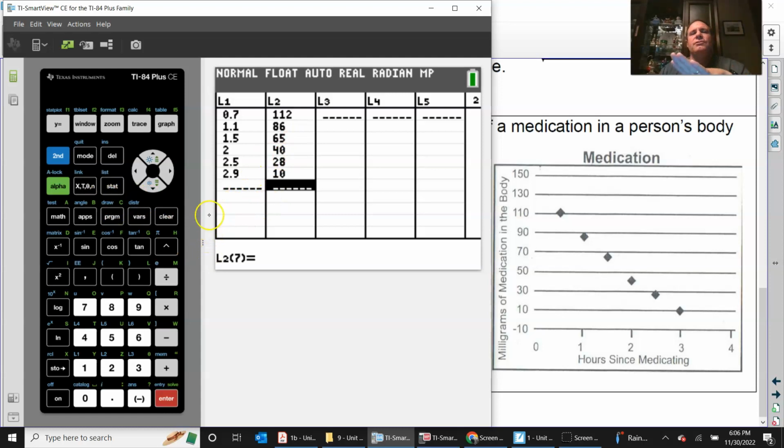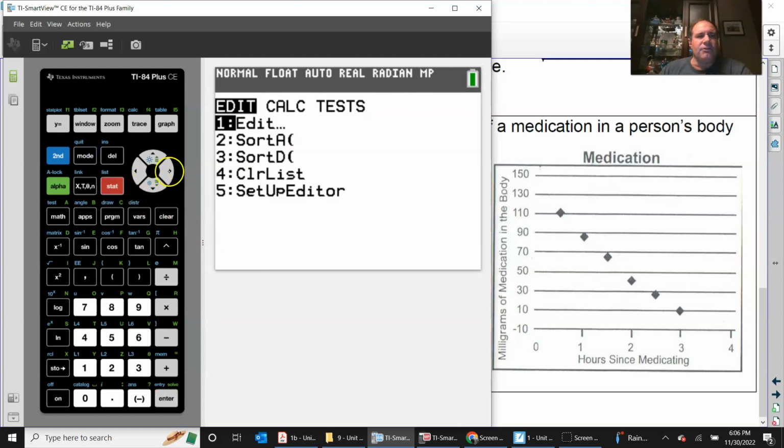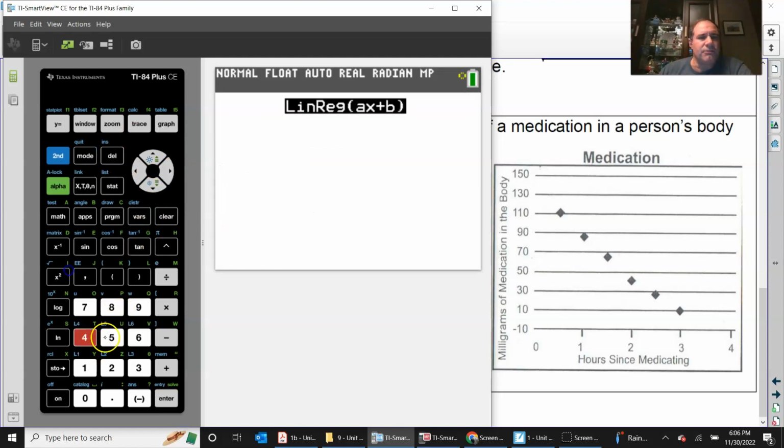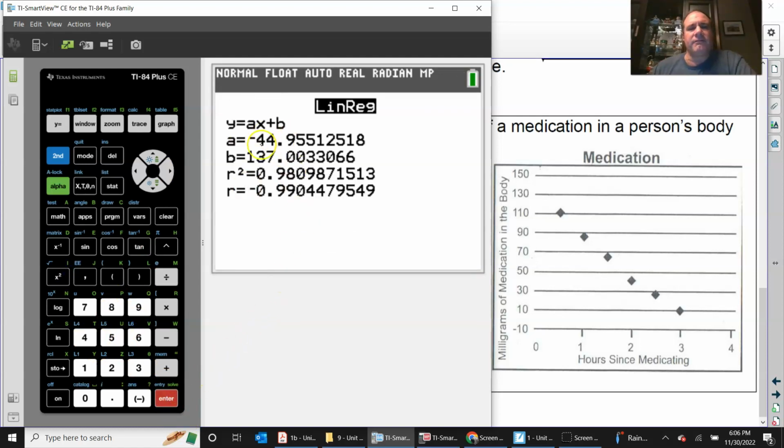Now I have to get to the linear regression equation. I press stat, go to calc, press 4 for linear regression equation, and I'm going to press enter 5 times. And there is my linear regression equation. Because I have diagnostics on, I'm seeing the correlation coefficient, but I'm not worried about that for this one.